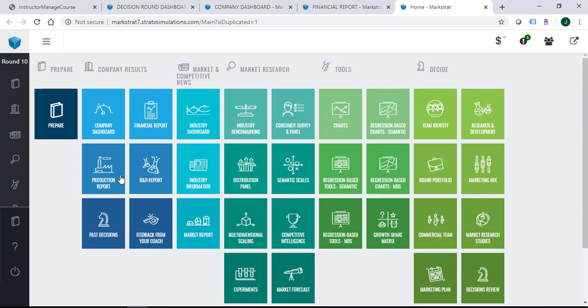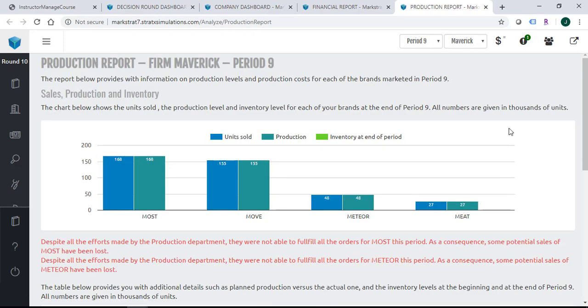Come back to the main page, we can click on the production report. This section provides information on production levels and production costs for each of the brands marketed in period 9. The first one is sales, production, and inventory. Different colors indicate different items.